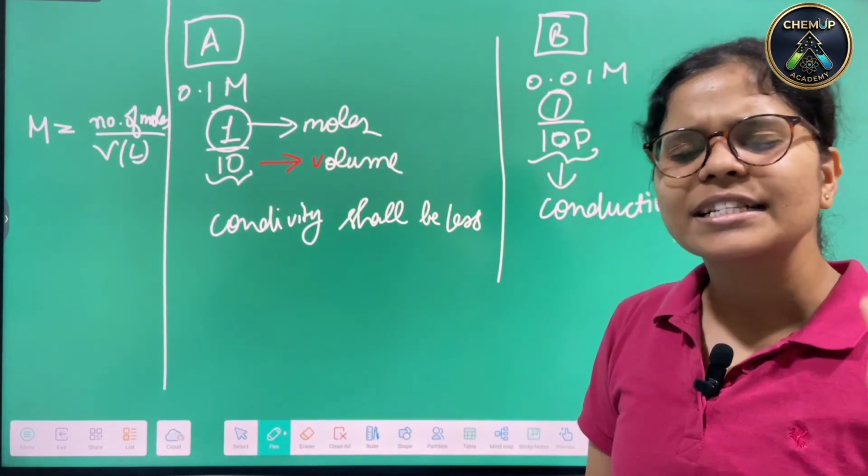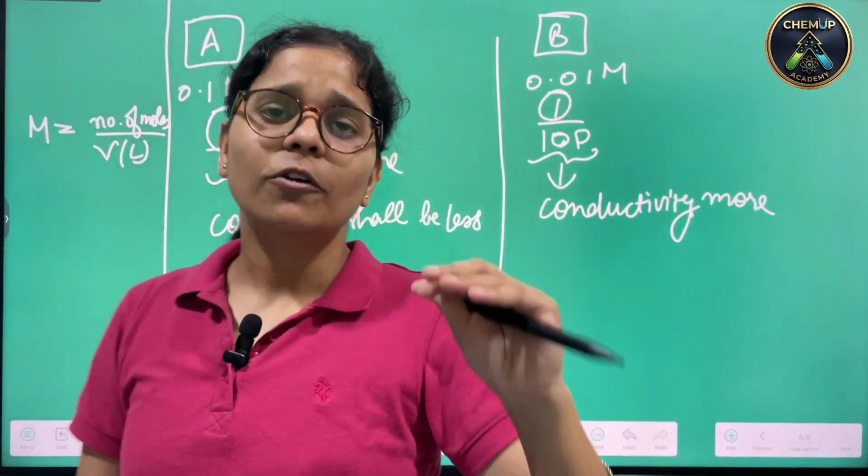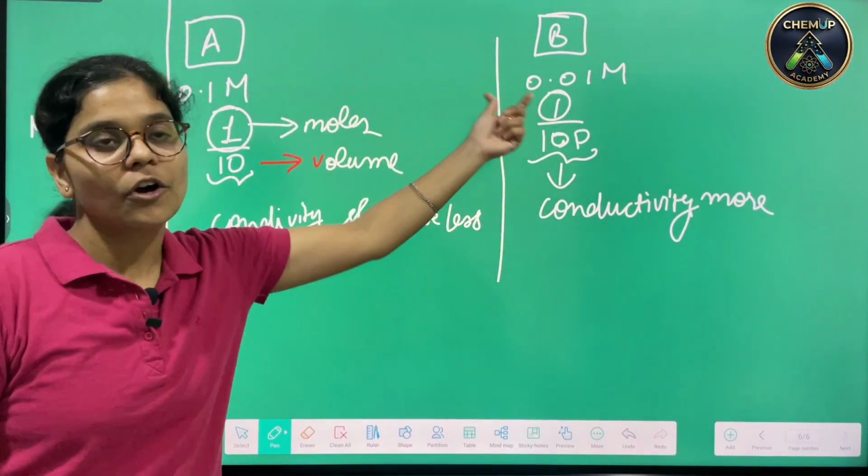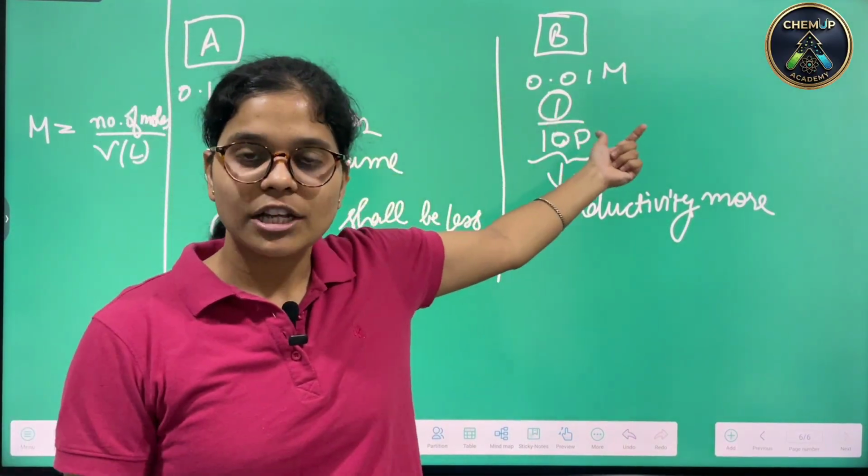So this is the basic simplified version that you can remember for a longer period of time, that is the breaking of the moles. Here a very dilute solution is there.